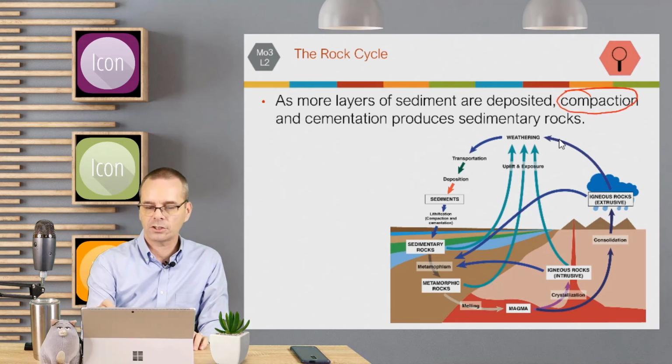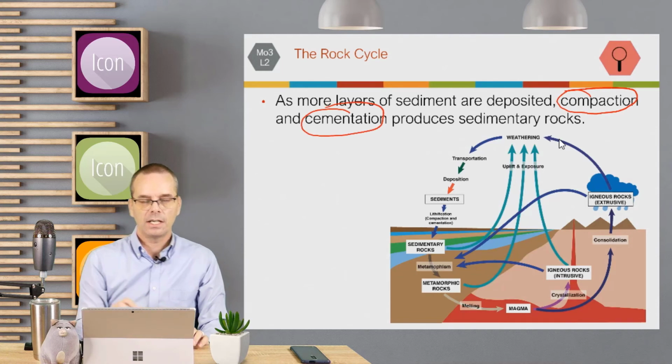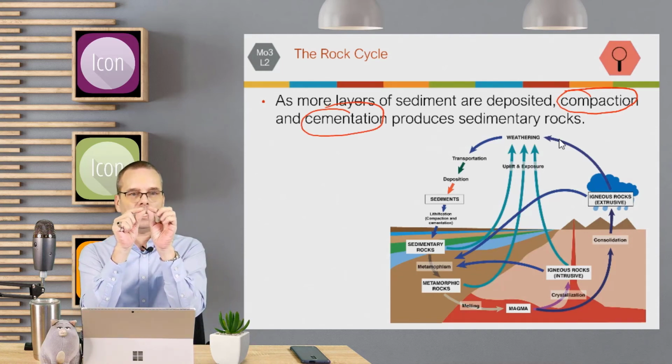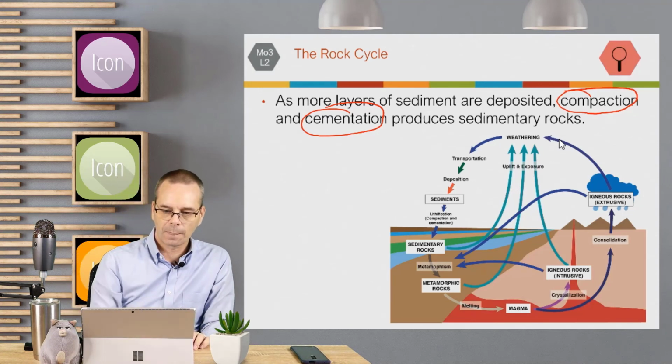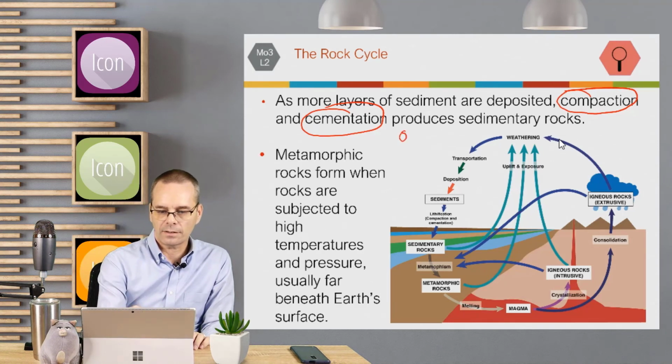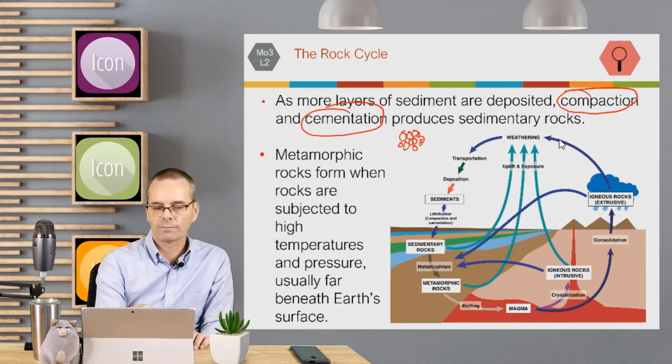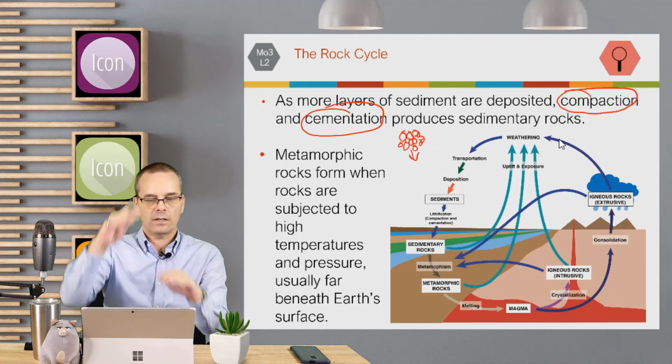It will do two things: compaction and cementation. Compaction means you have these little itty-bitty grains, and they just start pushing together, so they're all loosely formed. And that's compaction. But then cementation has more layers.